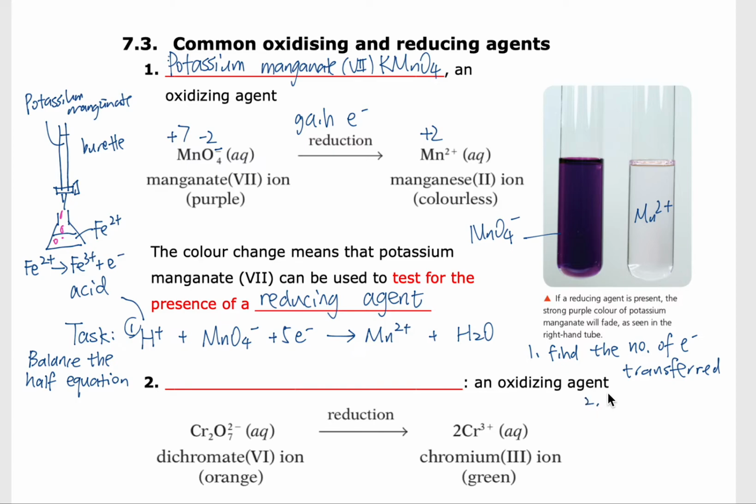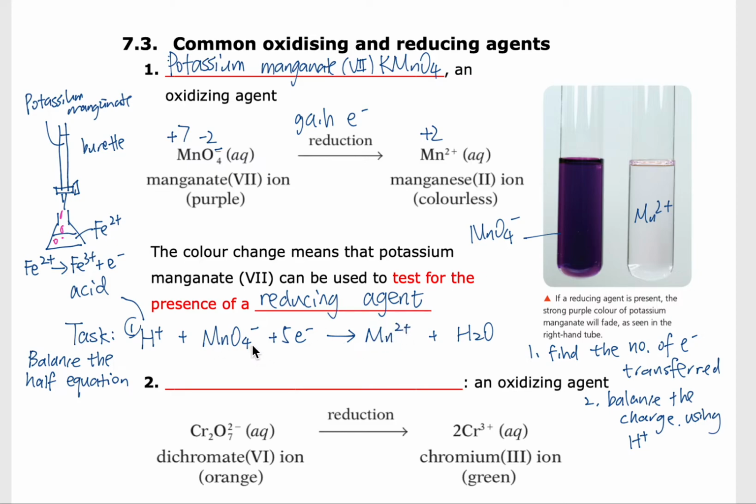So step number 2, you need to balance the charge, using your proton, using the hydrogen ion. On the right hand side, we have 2 positive charges.